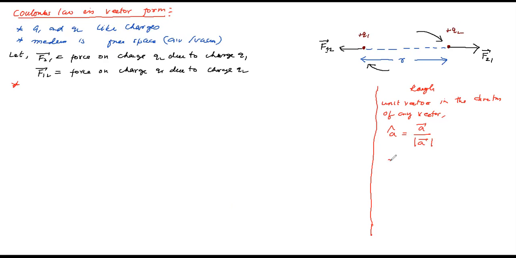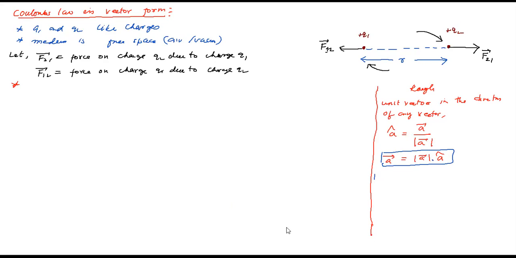It simply means vector a is nothing but the magnitude of the vector together with the unit vector. For any vector, the magnitude gives the size and the unit vector gives the direction. This unit vector is attached to the magnitude in order to indicate the direction of the vector.